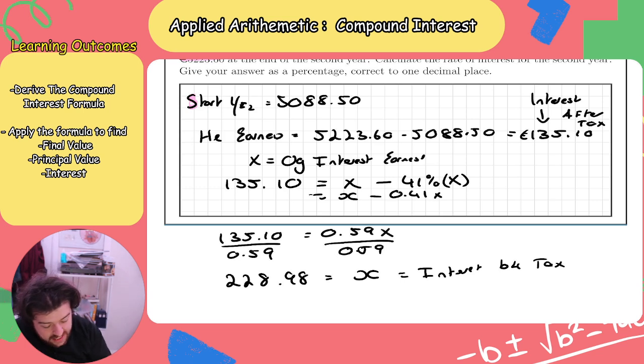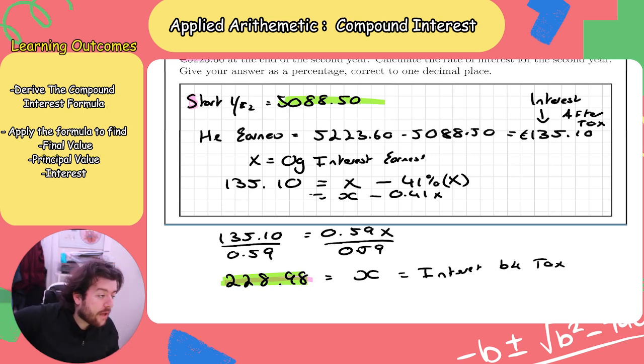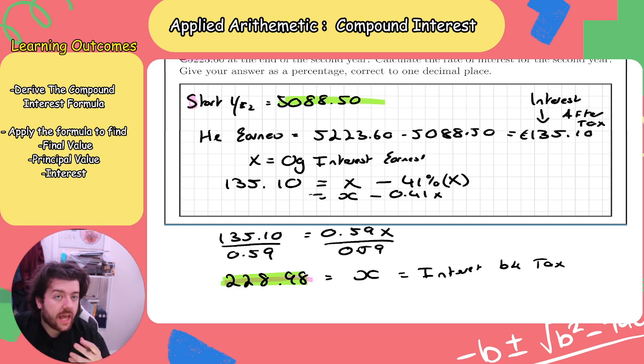So if we add 228.98 to 5,088.50, that is going to give me the amount that his investment has earned before that tax was applied.